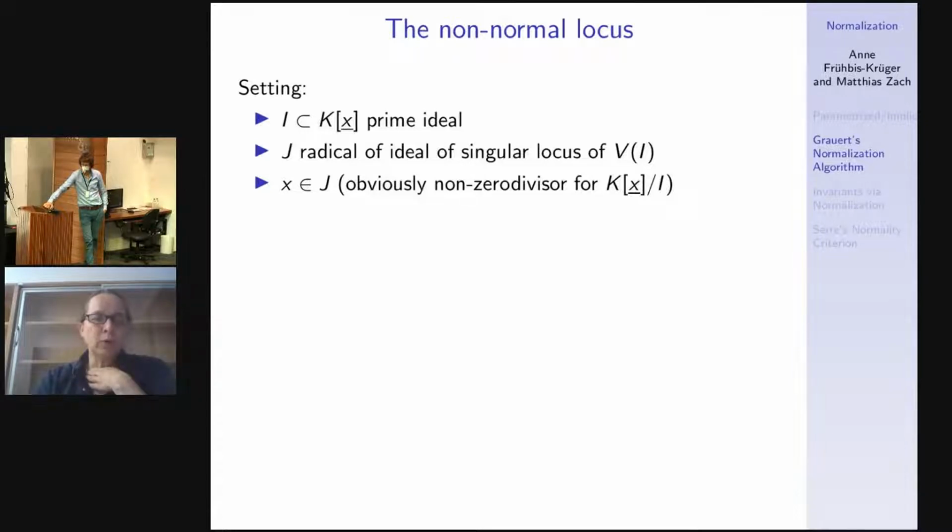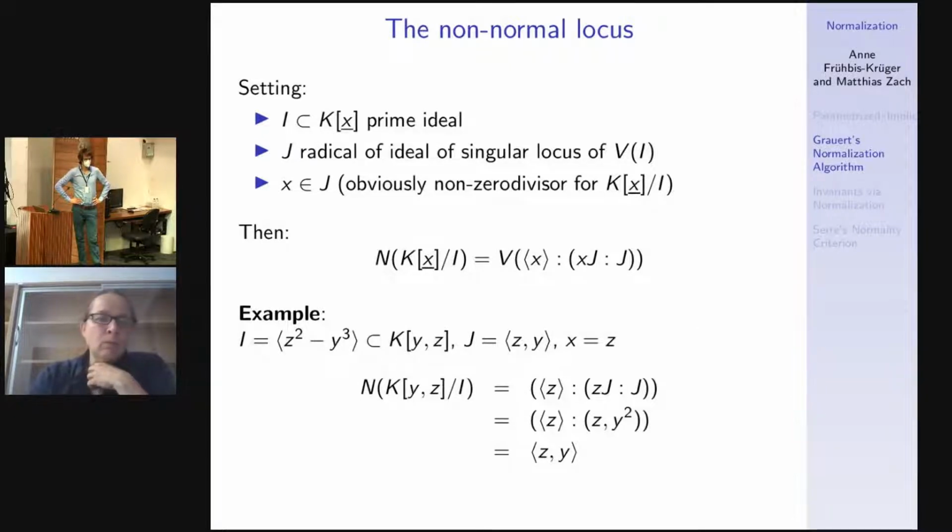Now, to compute the non-normal locus, just as first computational steps that can easily be done, let us take some ideal in the polynomial ring. This ideal should be prime, so that we can be sure that we don't have zero divisors in there. J should be the radical of the ideal of the singular locus of V of I. We know how to compute that. And we just pick an X from J, which is obviously a non-zero divisor in the polynomial ring modulo our prime ideal.